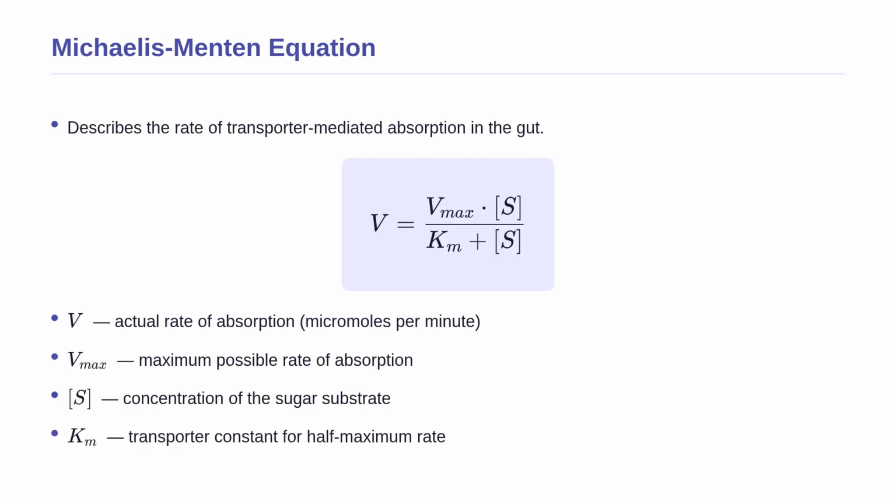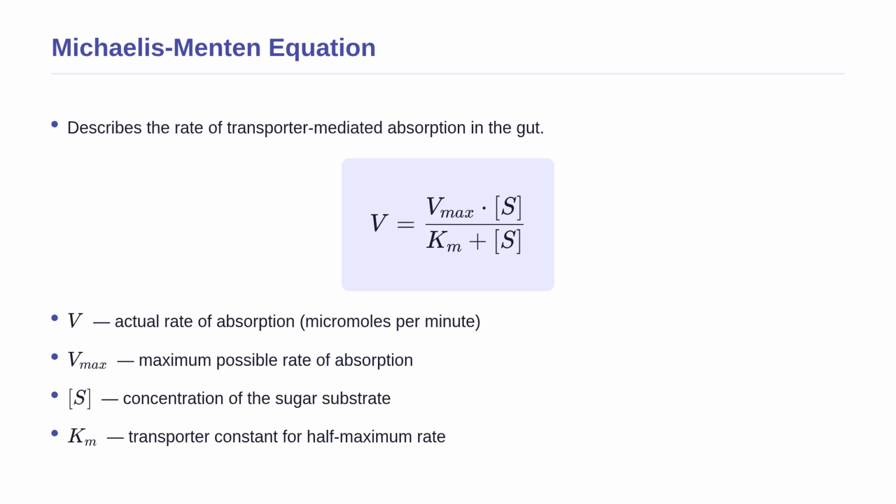This biological transport system leads us to an important mathematical model. To understand how quickly sugars are absorbed, we use the Michaelis-Menten equation. Conceptually, this formula describes how absorption speeds up as more food is present, but eventually maxes out because there are only so many transporter doors.